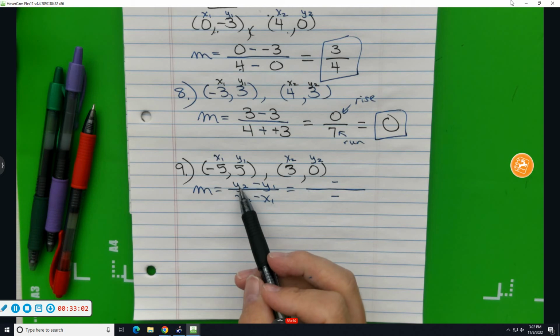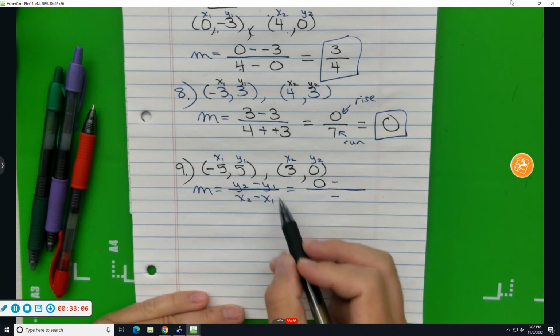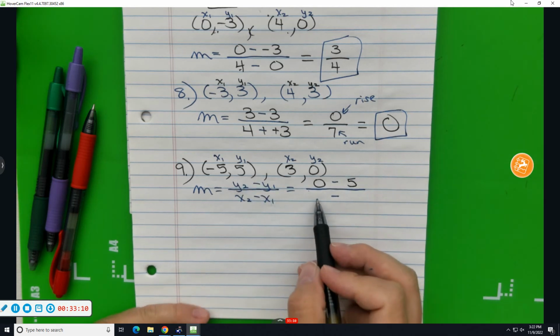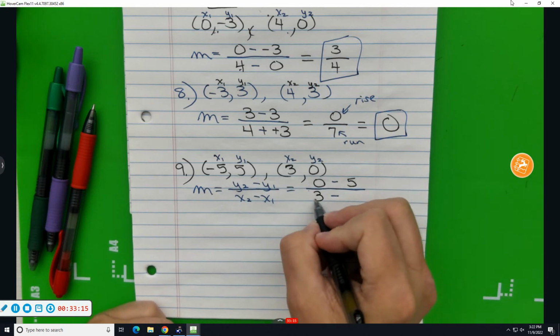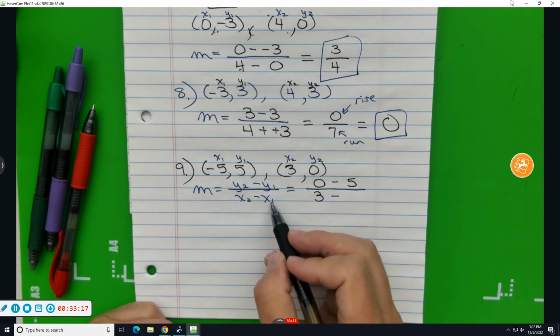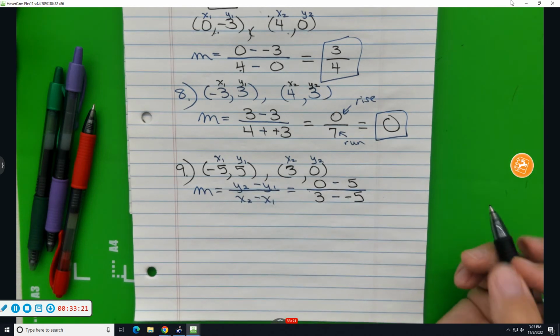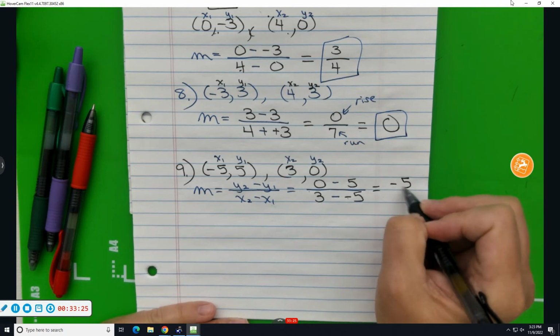What would go here? 0, I agree, minus y1, 5. What about down here? x2 is 3 minus x1, -5. 0 minus 5 is a -5.